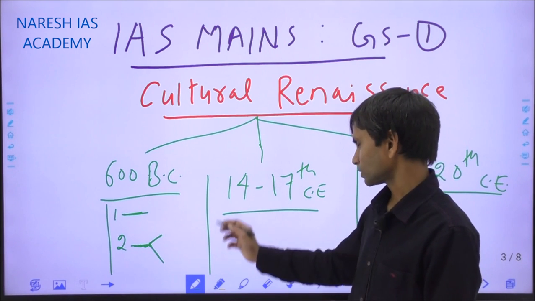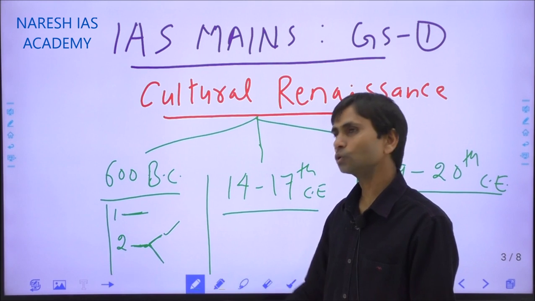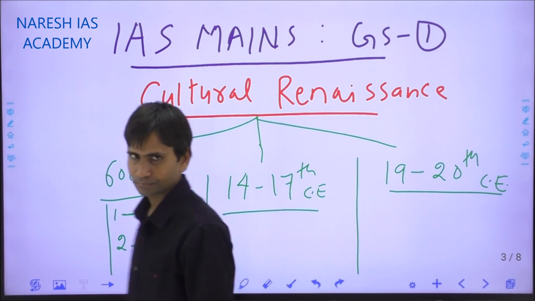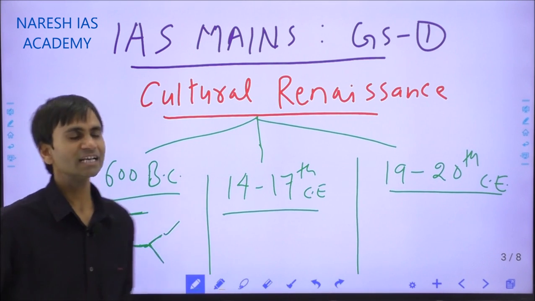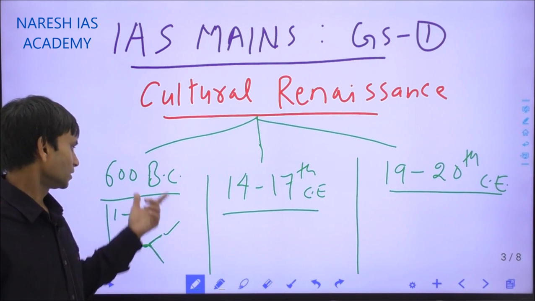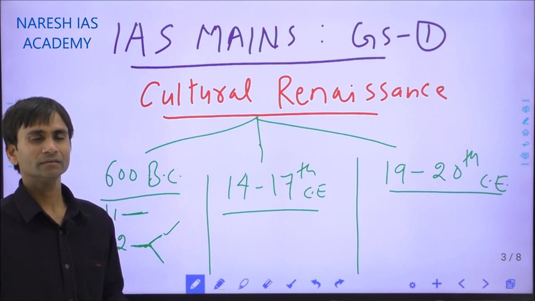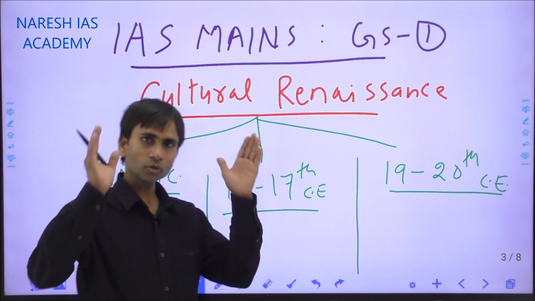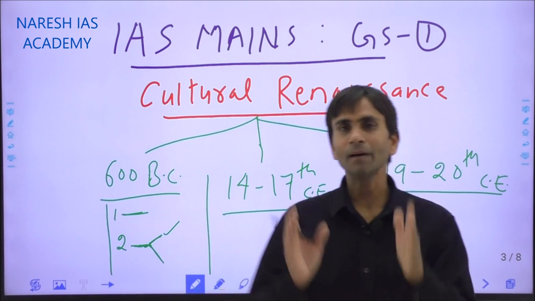So Gautam Buddha and Mahabir Swami presented two important challenges. One was before the established religion or theology, or we can say the orthodoxy of the Brahmans.